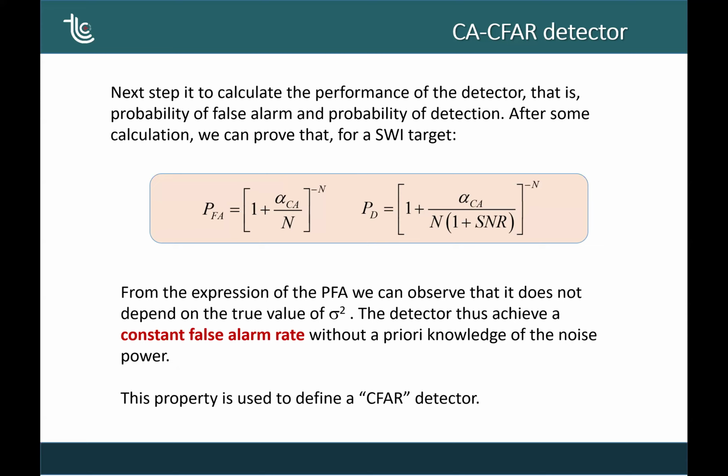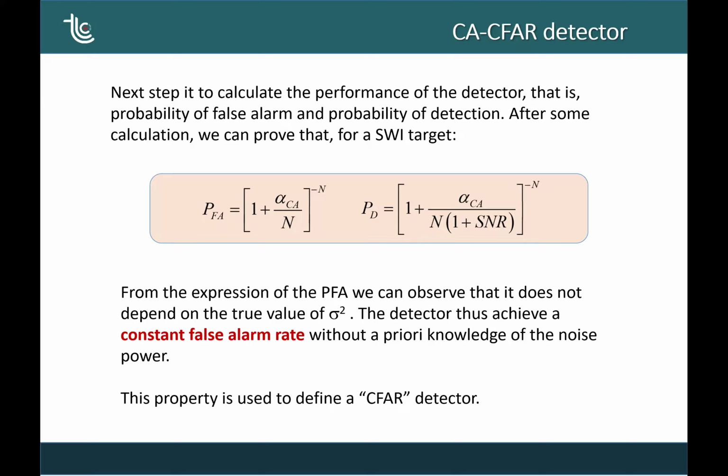Constant with respect to what? Constant with respect to the power of the noise, which is unknown. It means that even though we don't know the power of the noise, we estimate it and build an adaptive threshold, and the probability of false alarm of this detector does not depend on the unknown parameters.